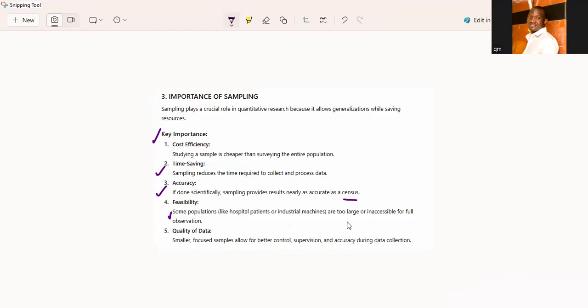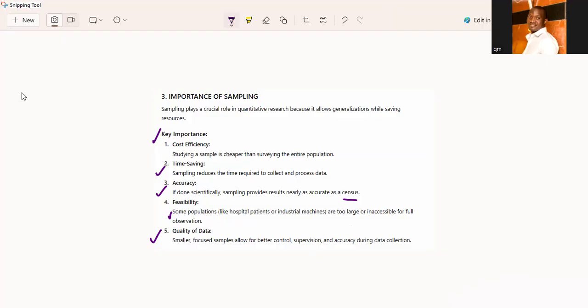So no matter how much money you may have, no matter how much time you may have, you may not have sufficient information to know how many babies are born in a day. So feasibility, or sufficiency, I can call it the universe size, right? So that's why we do sampling.